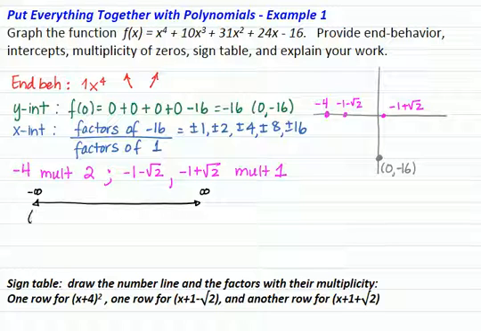A row for x plus 4 squared, which is going to be one of the factors of the factorization of f of x. A row for x plus 1 plus square root of 2, and a row for x plus 1 minus square root of 2.